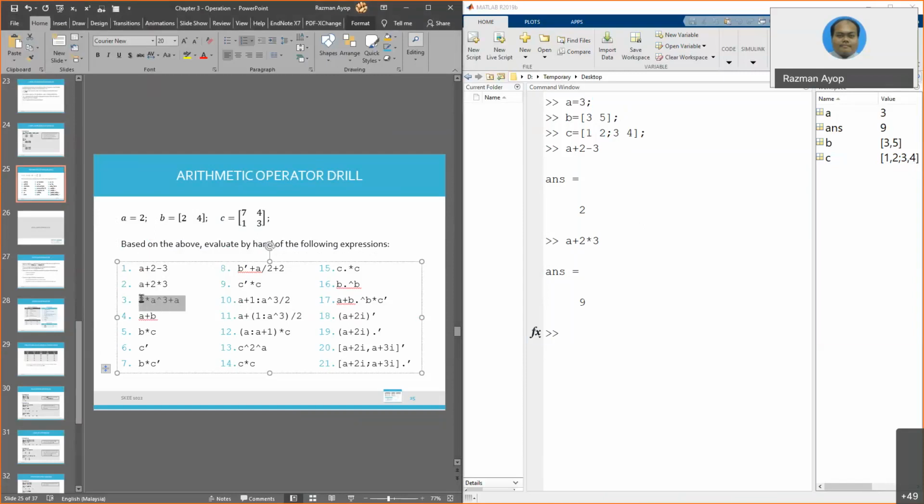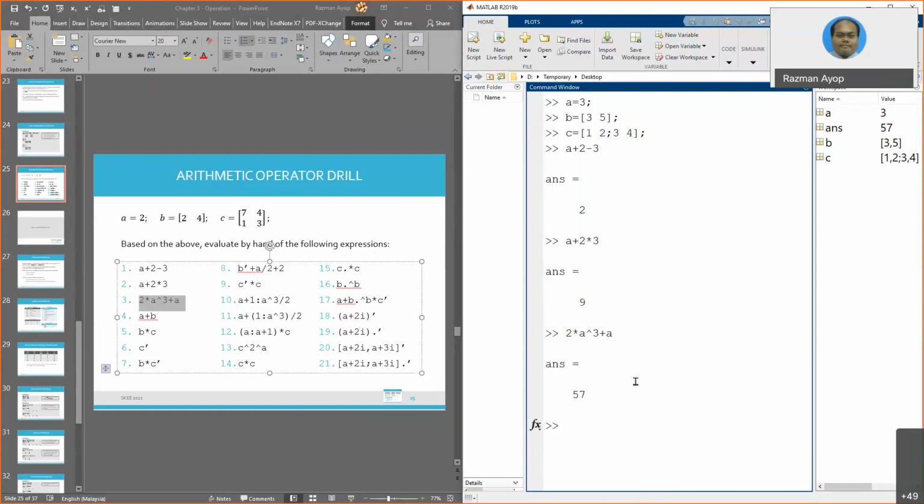And then for this case, 2 multiplied by, remember multiplication first. So A to the power of 3.